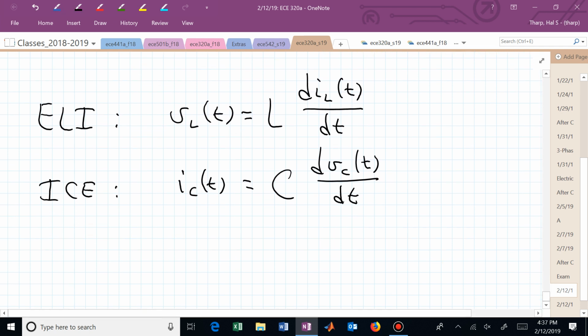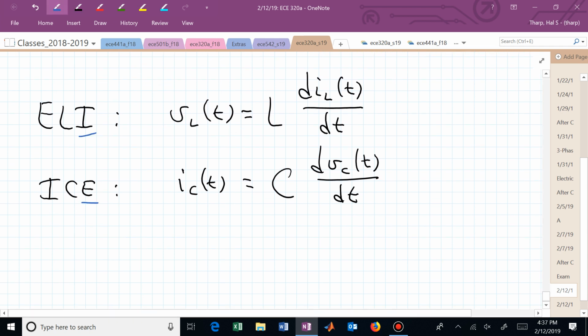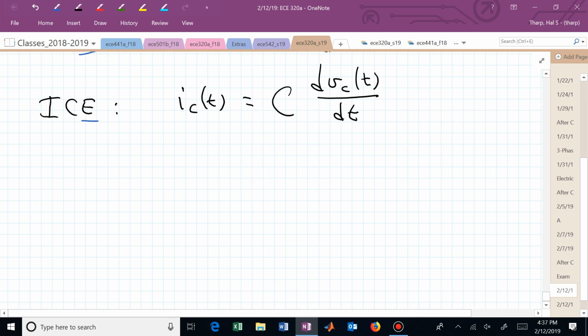Based on what Eli and Ice tell us, we probably need to focus on the last variable in Eli and Ice, so we may want to write these equations in terms of capacitor voltage, V sub C, and inductor current, I sub L. If somebody says, pick some variables, those are usually good ones to rely on. Let me write that down.